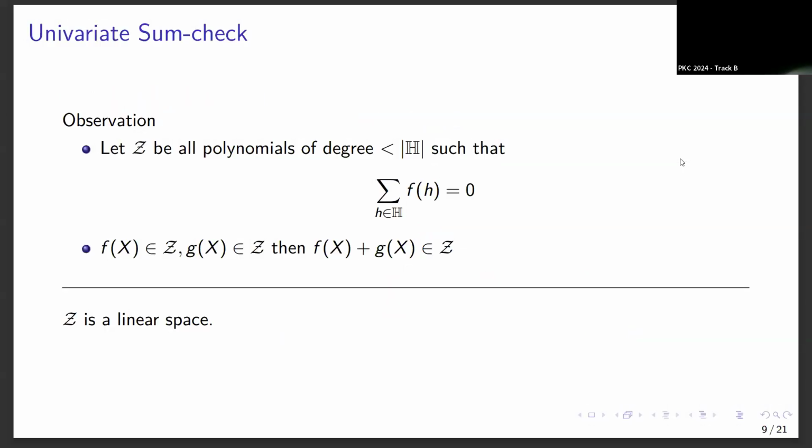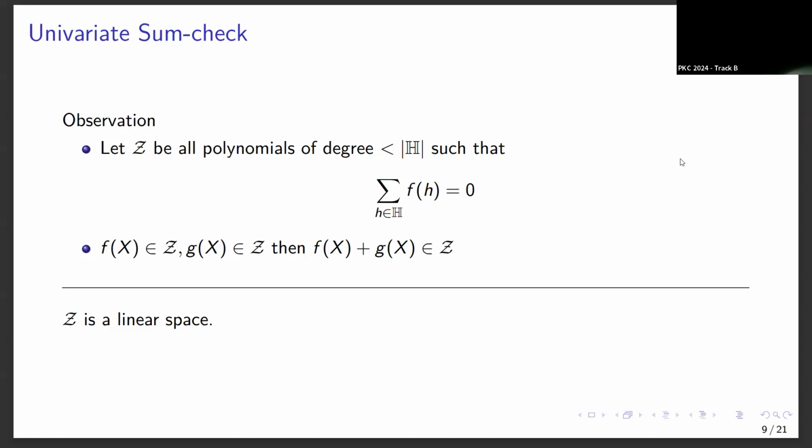Our idea for this problem is the following simple observation. We first focus on the simple case where the target sum is just 0, and the non-zero case can be derived from the zero case very easily. In the zero case, consider the set of all the polynomials that satisfy the requirement of the sum check. It's easy to find out that all these polynomials form a linear space.